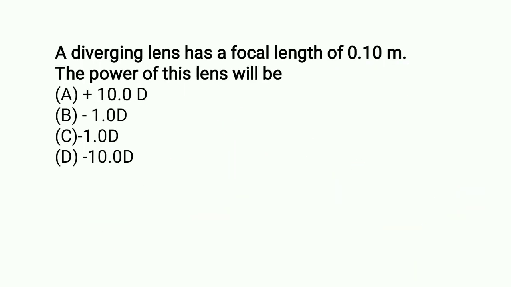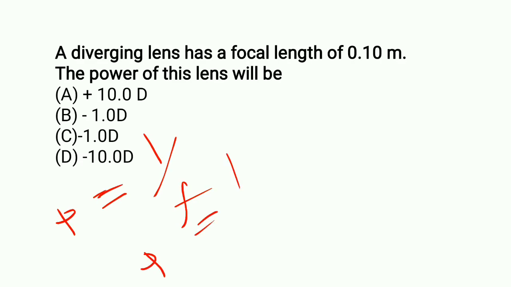is the correct answer. A diverging lens has a focal length of 0.10 meter. The power of the lens will be, so here as we know power P is equal to 1 by F. So P we have to calculate, F we have 0.10 meter.